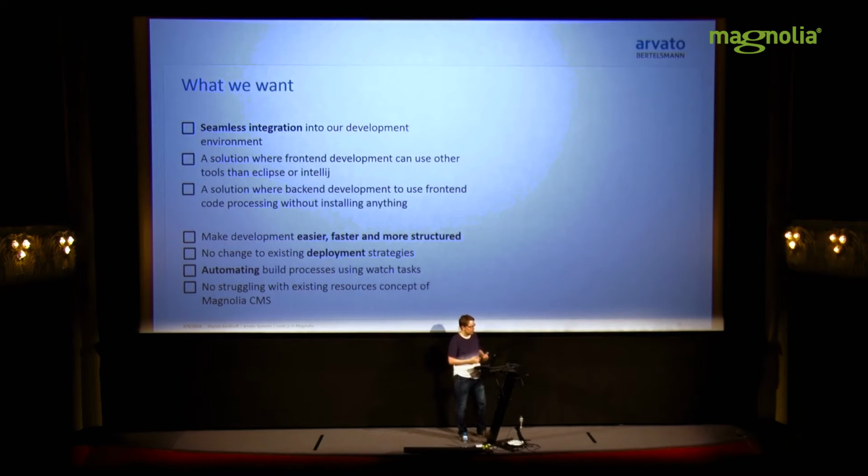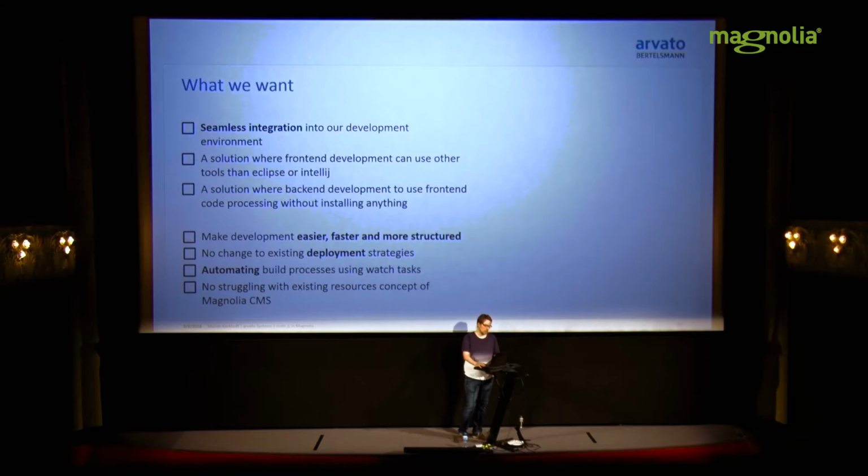We want a seamless integration for our dev environments, for Eclipse and IntelliJ, for the backend people who do not want to install any Node stuff. We're also searching for a solution which we can use with Magnolia CMS and with Hybris. And we also want things to be faster, much easier, and more structured.